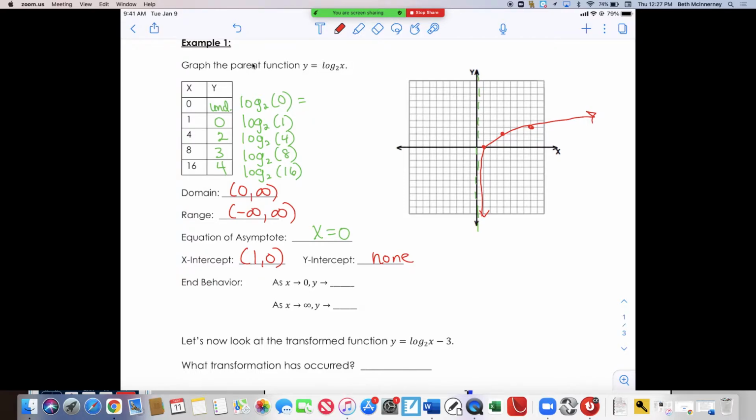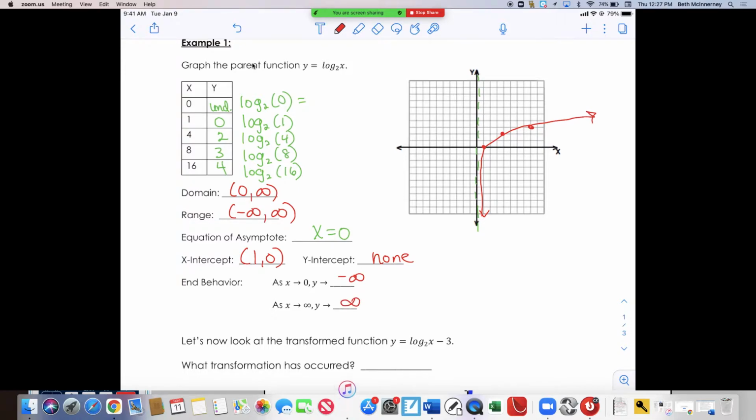As x approaches 0, so as I come into 0, where does the red graph head? Negative infinity. Awesome! That's going to negative infinity. And even though it's moving rather slowly, as I approach x's infinity on the right, where will it eventually go? It does go up to infinity. Pretty slowly.